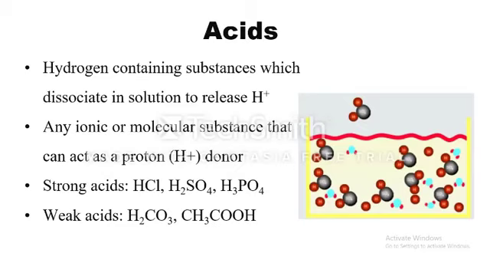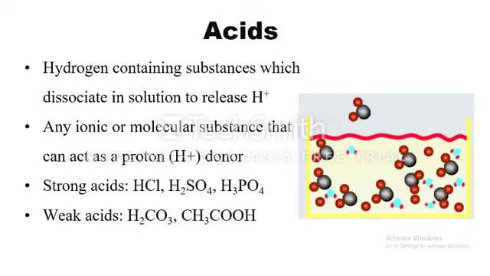Now I think all of you know what acids are, but let's have a brief introduction. Hydrogen containing substances which dissociate in solution to release hydrogen ions are called acids, or any ionic or molecular substance that can act as a proton donor is called an acid.